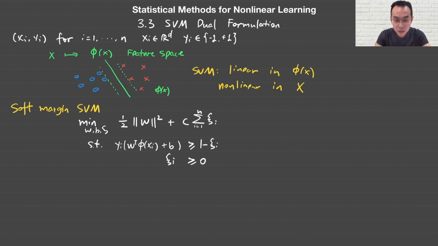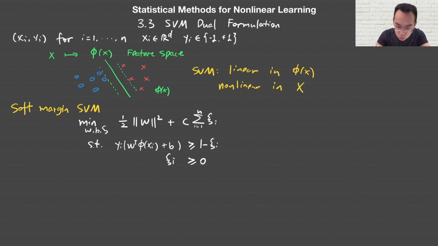So last time we talked about the geometry of SVM. The idea is that we want to find the linear classifier that maximizes the margin between the two classes, where the margin can be defined as the distance from the decision boundary to the data points of the two classes. We want to maximize this margin as our best linear classification.